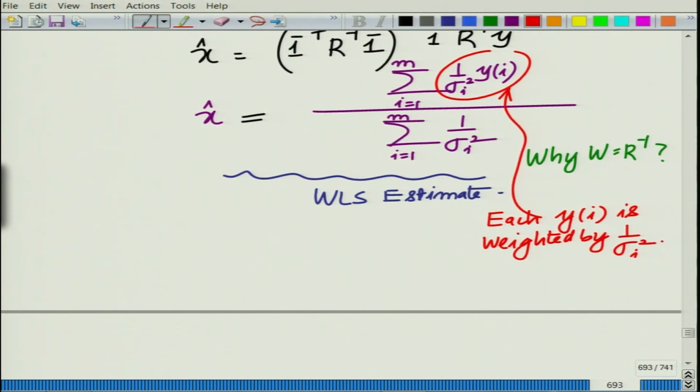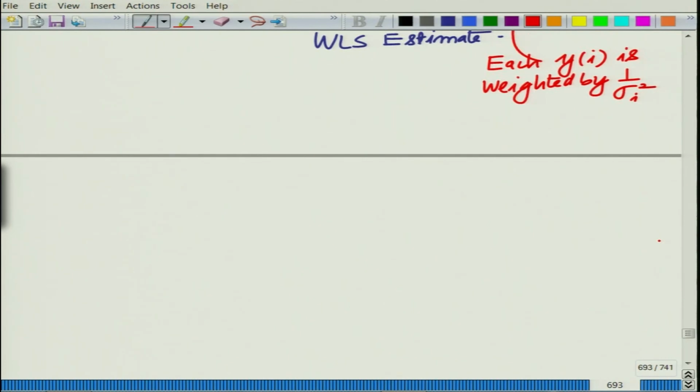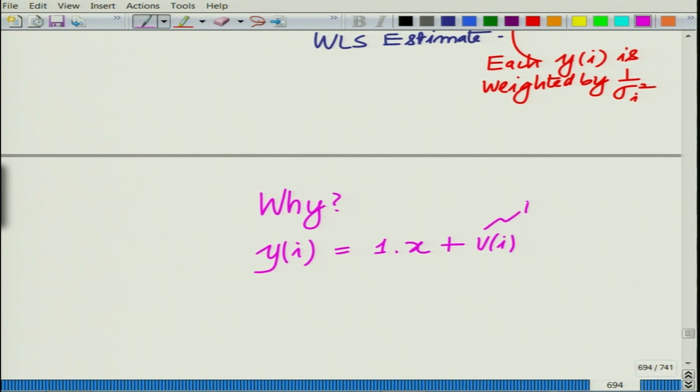one over sigma square. Now, why is this significant? Let us reflect on this for a little bit. Remember our model is yi equals 1 times x plus vi, and we have the expected value of vi square equals sigma i square.